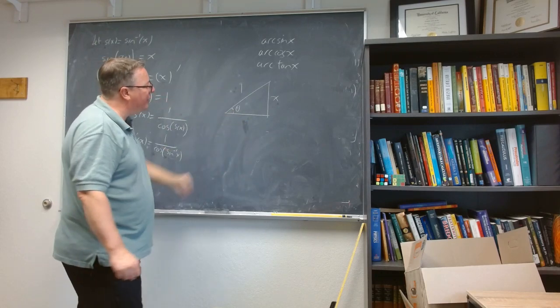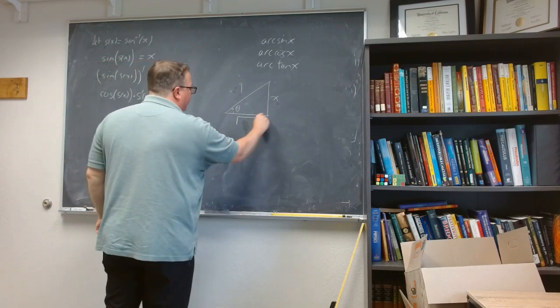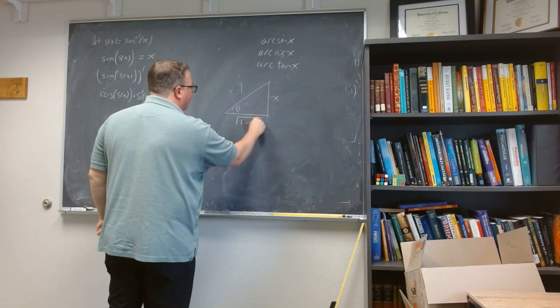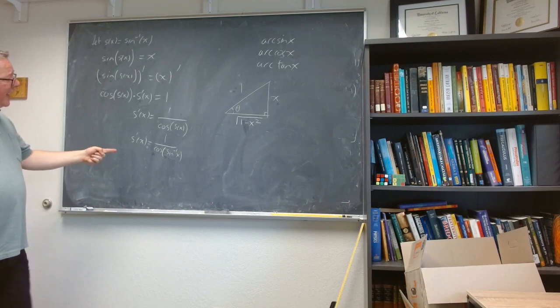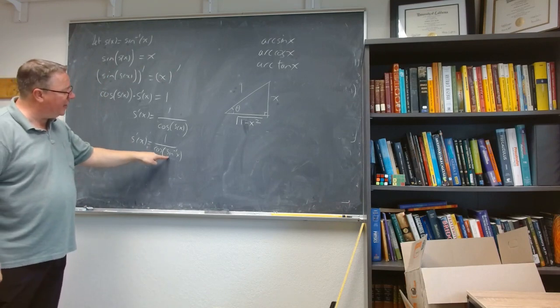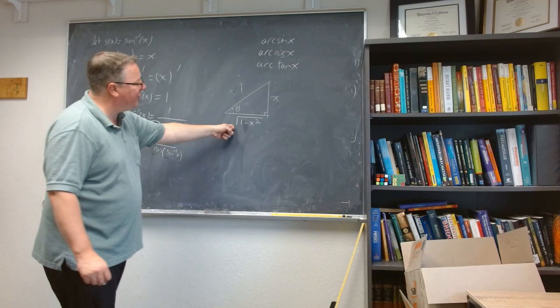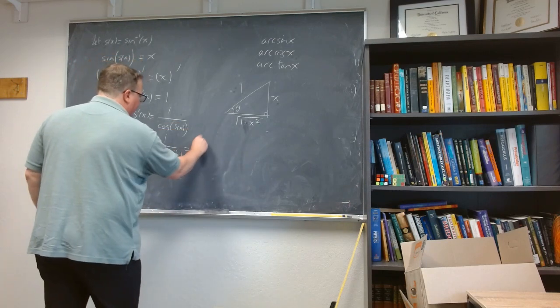And so we just solve the triangle like we just did, and we get the square root of 1 minus x squared. And so now we can actually replace cosine of the arc sine of x by just the square root of 1 minus x squared.